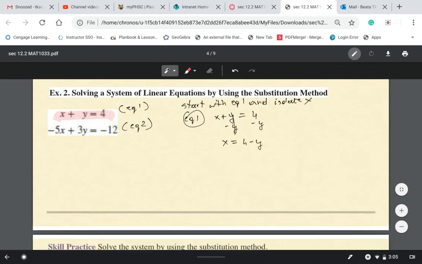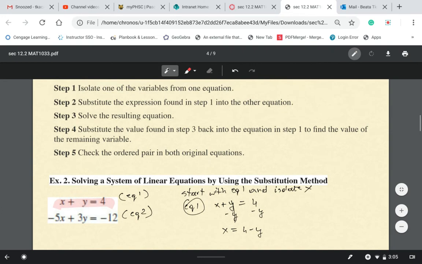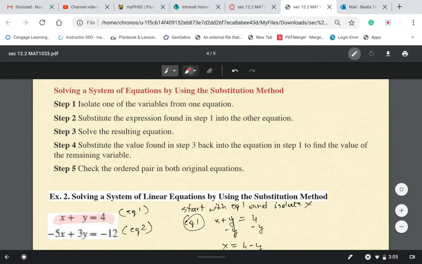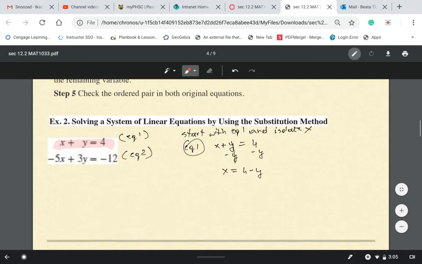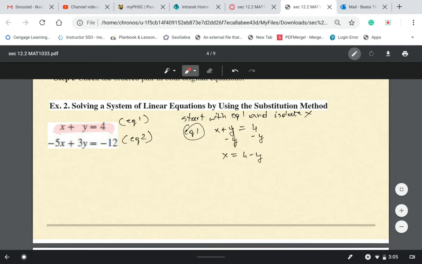Now when you solve the first equation for x, you're moving on to the second step, where they're telling you to substitute the expression find in step 1 into other equation. What that means? Now when I know what is x equal, I'm going, next. So when you solve the first equation for x, work with equation 2.